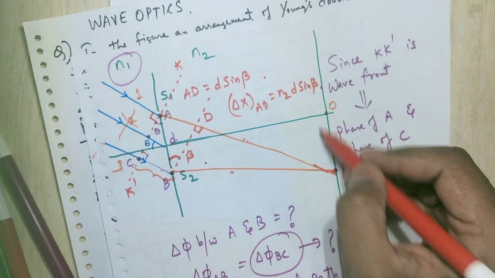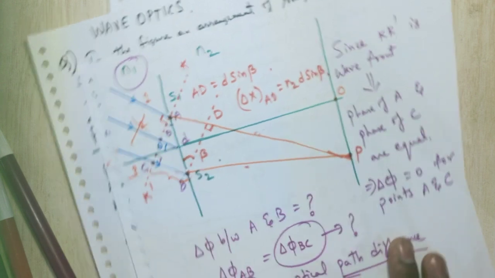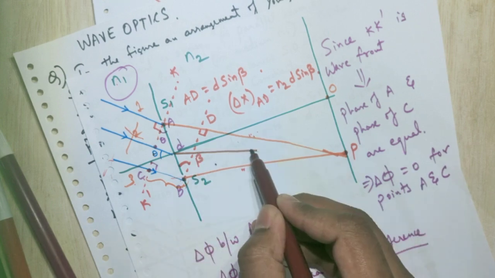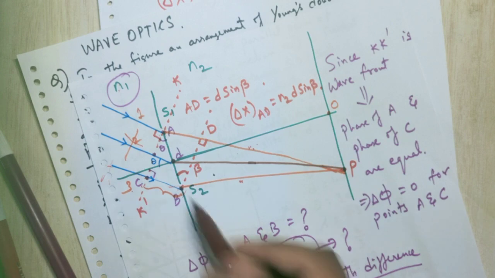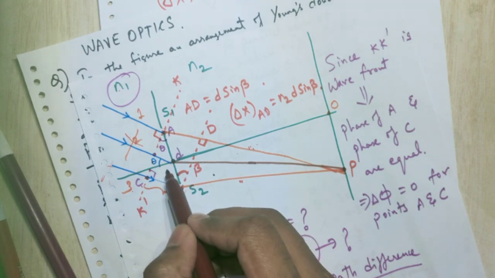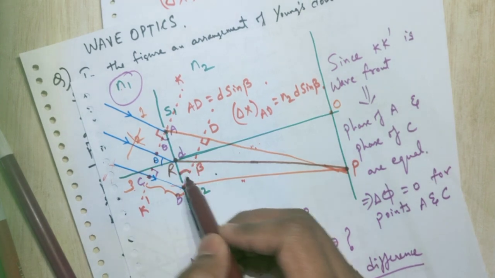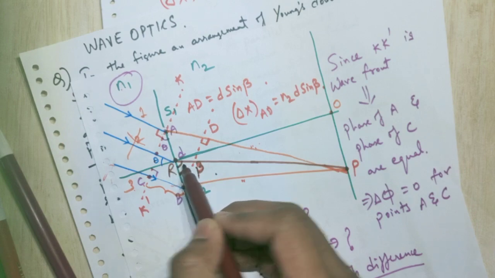So I have to find out this length. Now from Young's double slit experiment, if you draw this line like this, and this point, let us say it is R, now you can easily prove that this beta will be exactly equal to this beta.